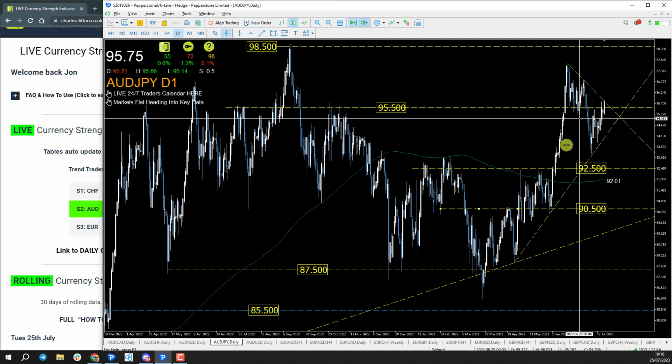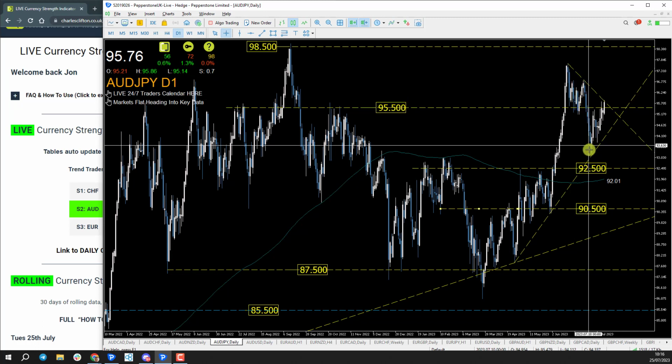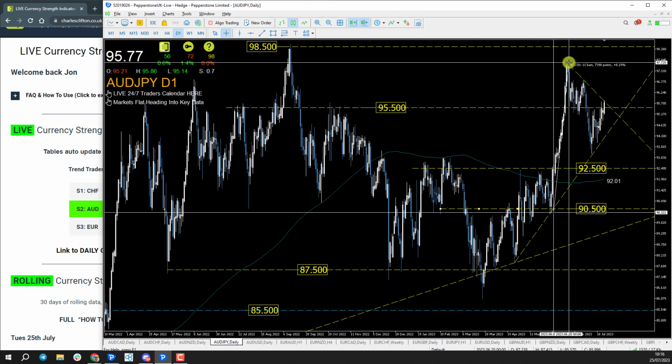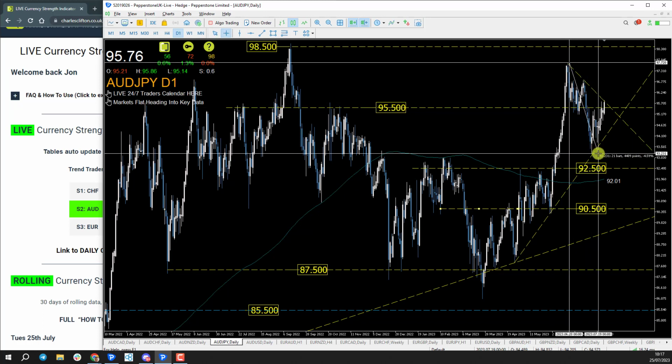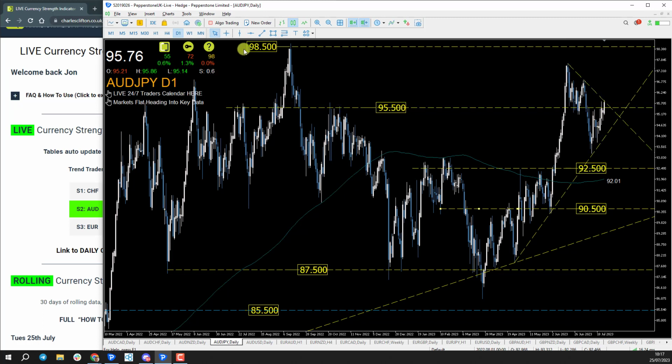It's quite interesting to see the fact that we've recovered quite a significant amount of that rally that we had. The rally was an 800 pip rally on the daily chart, and we recovered just over half of that, and now we're starting to see a continuation to the upside here.